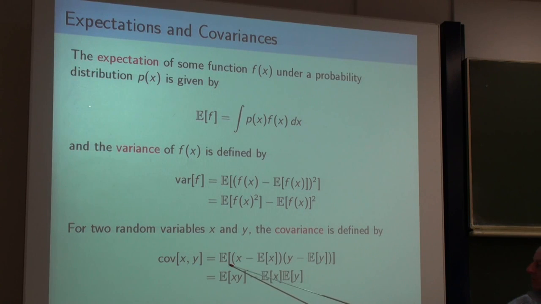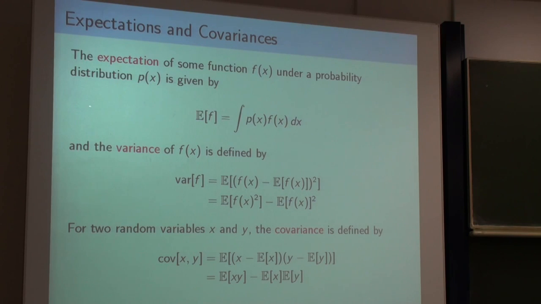Let's look at this first. This is the expected value of x minus e of x times y minus e of y. So this is the difference between our variable and the expected value.